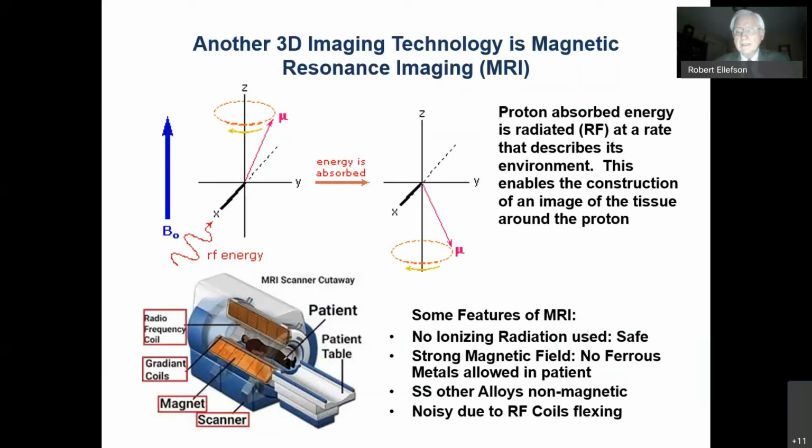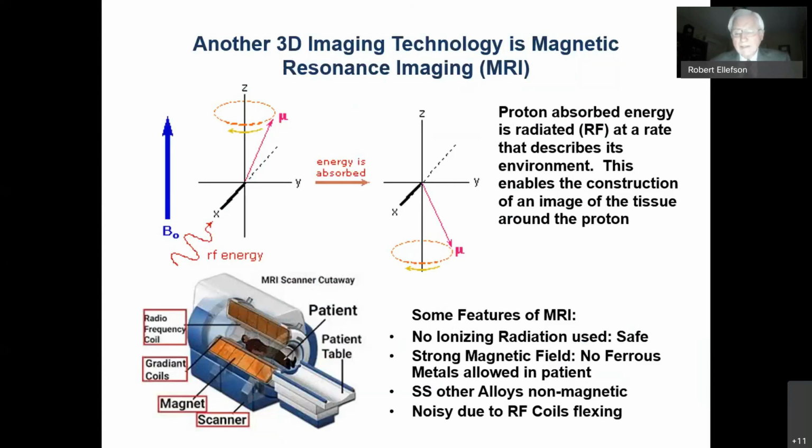And in the process, it gives up some energy to the environment around it. That environment can be other molecules and other tissues, but it's unique to the particular proton that we were looking at. So each proton can give back a little signal, and those signals can be used to generate an image.